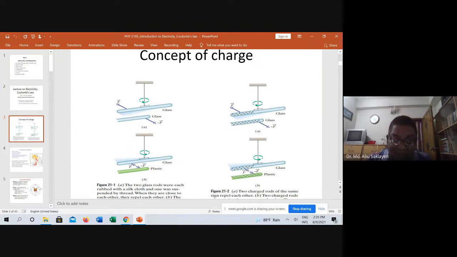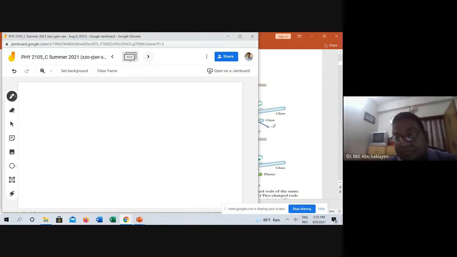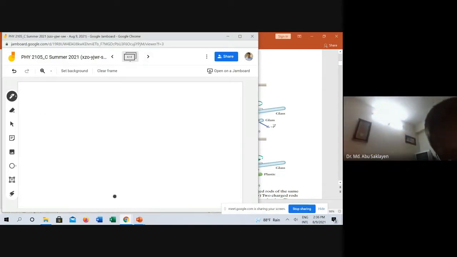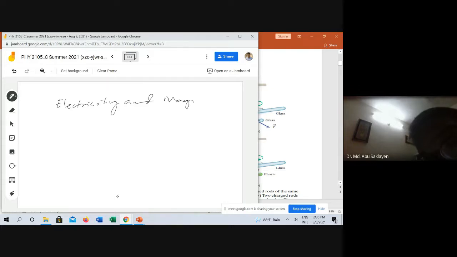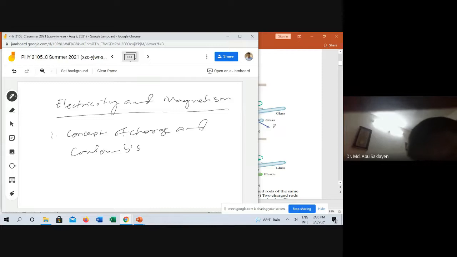Do you have any idea about charge? Chapter 1, Coulomb's law.